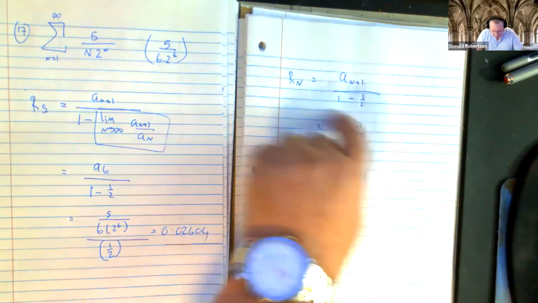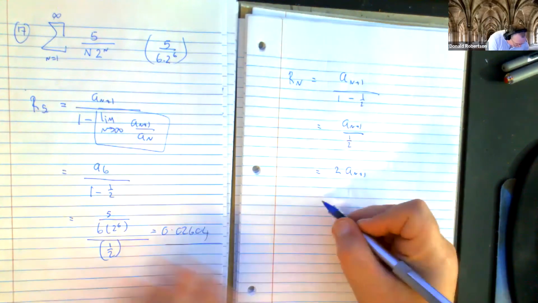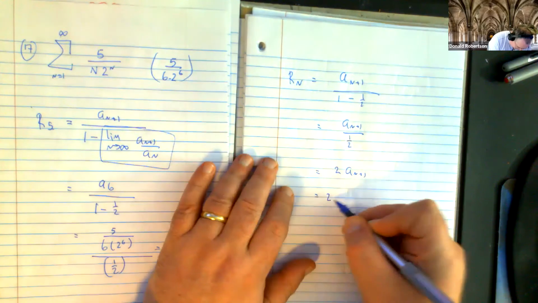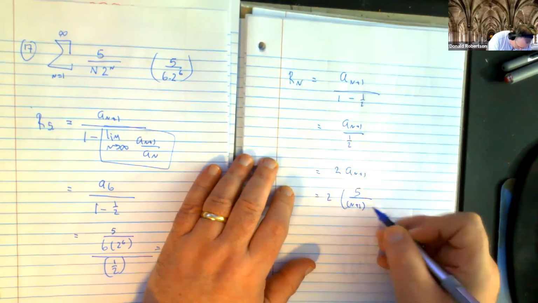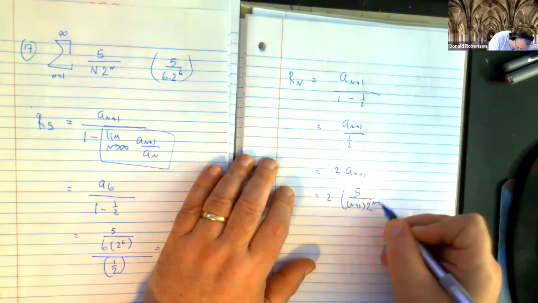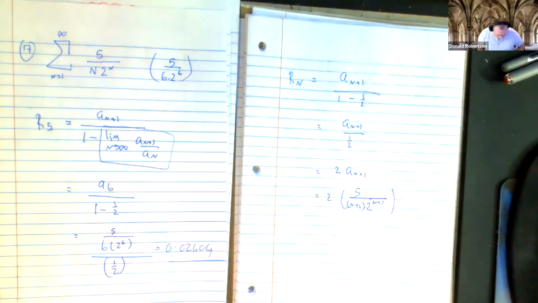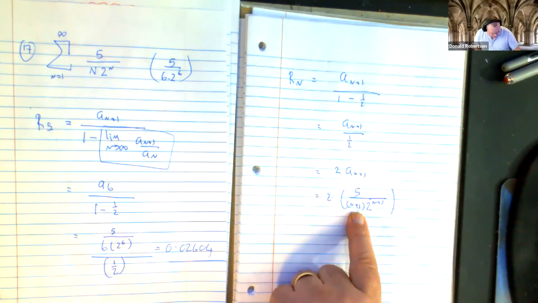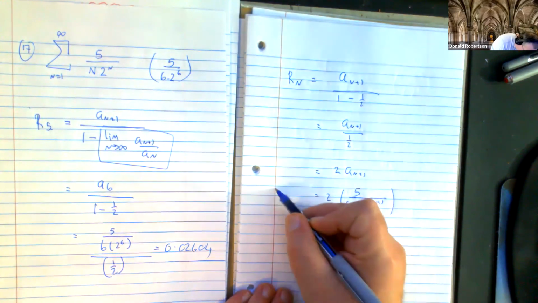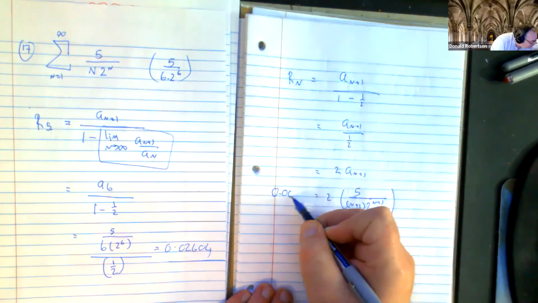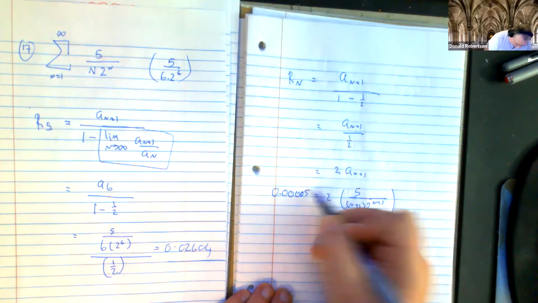I'm just tidying that up before I do calculations. Now, what does a_{n+1} look like? It's 5 over (n+1) times 2 to the n+1. Done. So that is this with n+1 instead of n. And we need this to be equal to 0.00005.